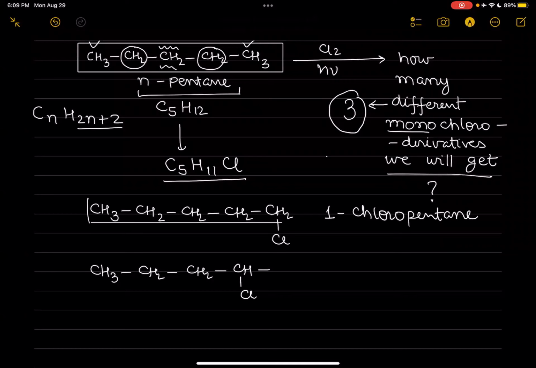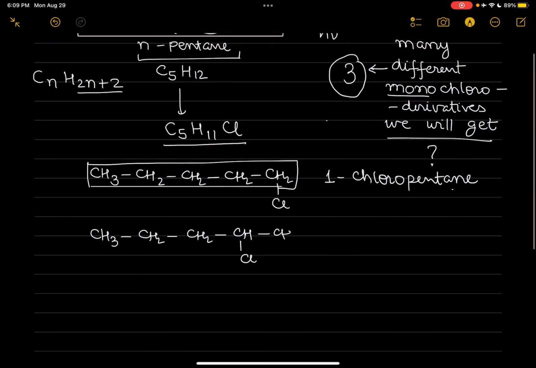You need to check the carbon-carbon bond: if there is a double bond, you put ene; if there is a triple bond, you put yne; but if all bonds are single, you put ane. And then this one.